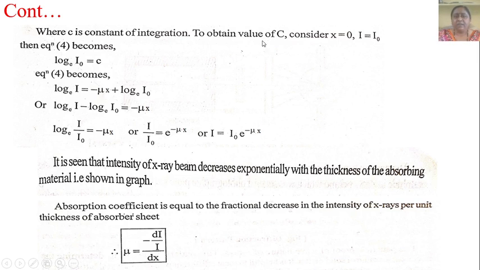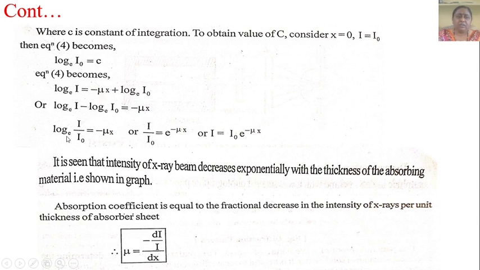To obtain the value of c, consider x equal to 0 and I equal to I0. Then equation 4 becomes log of I0 to the base e is equal to c. Now putting this in equation 4, log of I to the base e is equal to minus mu x plus log of I0 to the base e, or log of I to the base e minus log of I0 to the base e is equal to minus mu x.